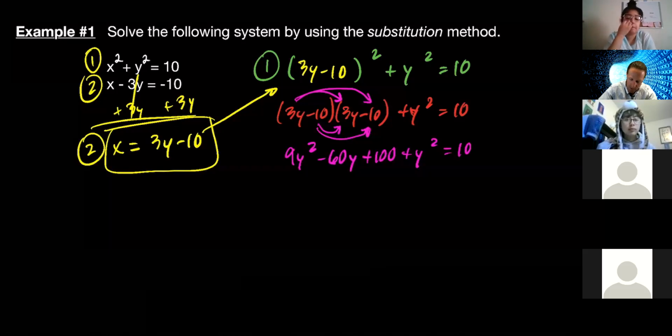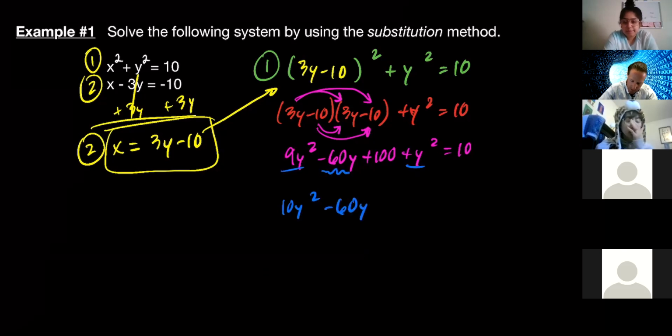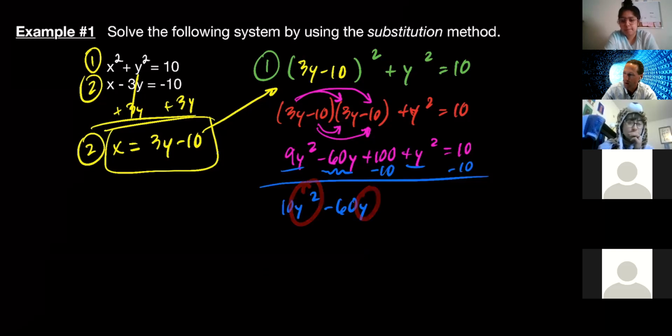That then allows me to actually combine some like terms, which that then gives me 10y squared minus the 60y's all by itself. And then remember, I want to get this set equal to 0 because I have both a y squared and a y. And if you guys remember, this graphically is a what?